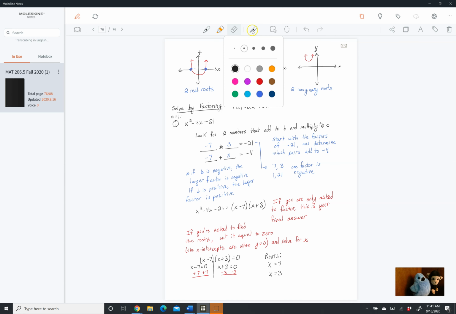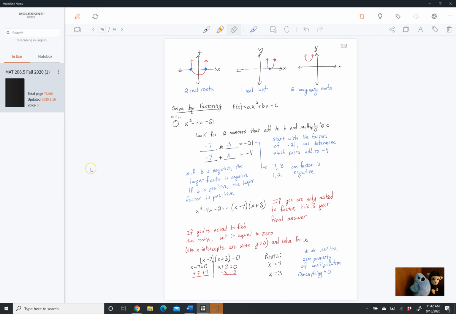Okay, so we're using the zero property of multiplication, which says 0 times anything is equal to 0.